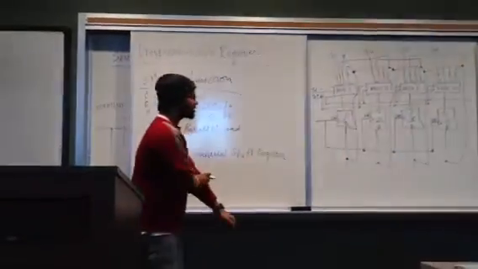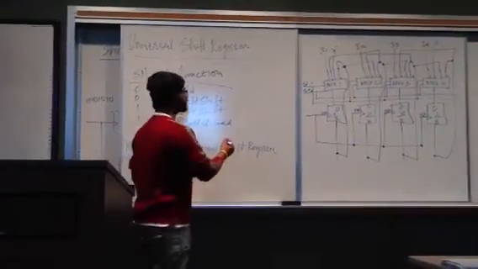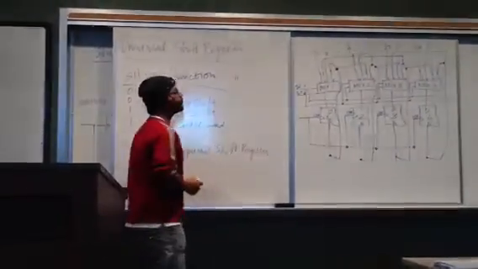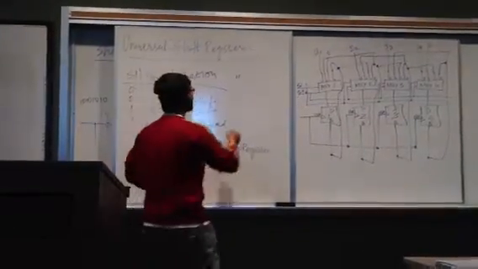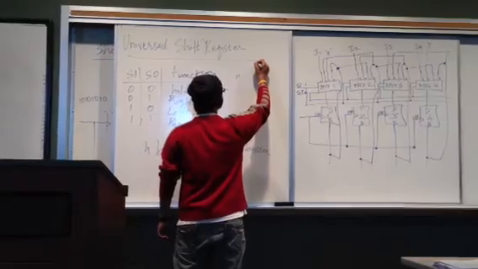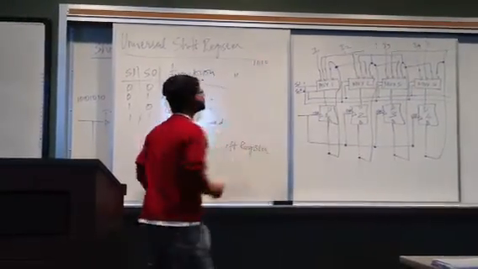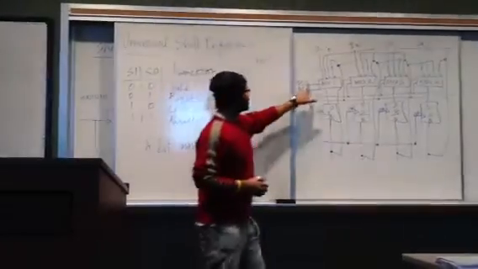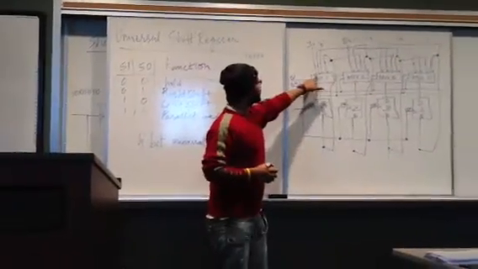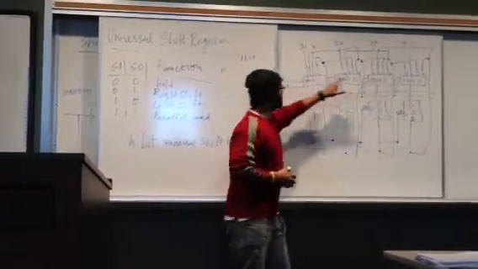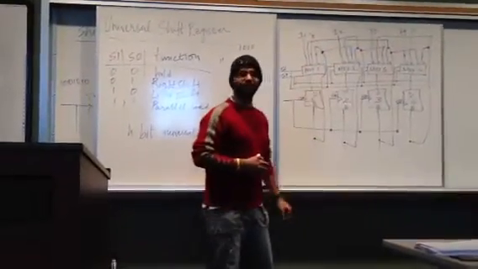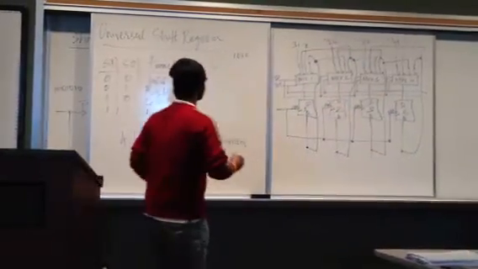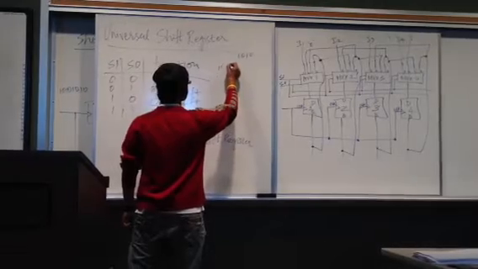So, what does this look like? Let's just say you do this. Follow these sequences and you'll probably see some changes. First, provide select inputs of 1, 1, and a parallel input of 1, 0, 1, 0. When you provide the select lines to be 1, 1, line 3 is selected. Line 3 is selected implies I1, I2, I3, I4 appear at these lines over here. And of course 1, 1 and a rising edge on the clock.